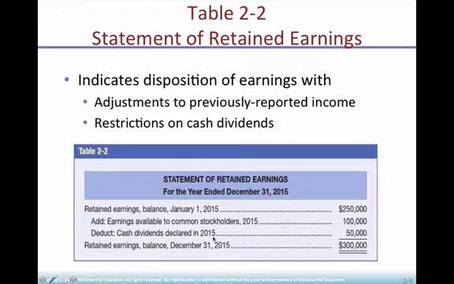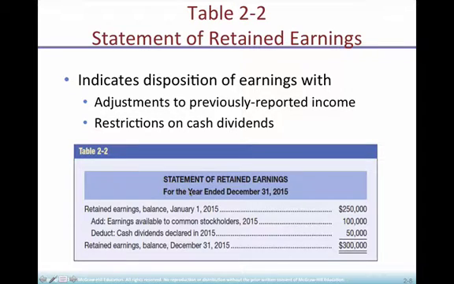And this is the statement of retained earnings that I mentioned earlier. This is a cumulative type of statement because it shows how much money common stockholders put back into the business since the beginning of the business.